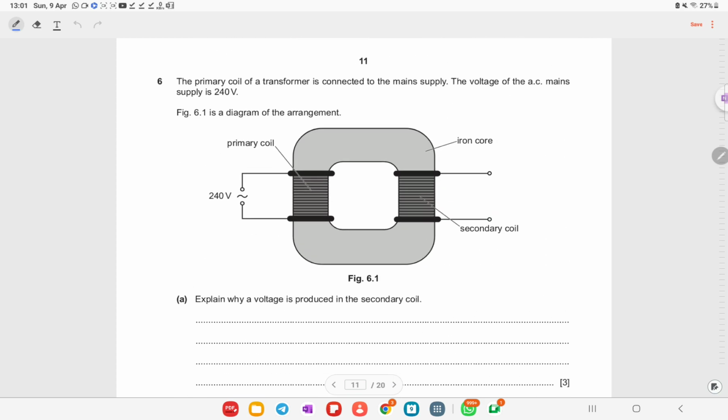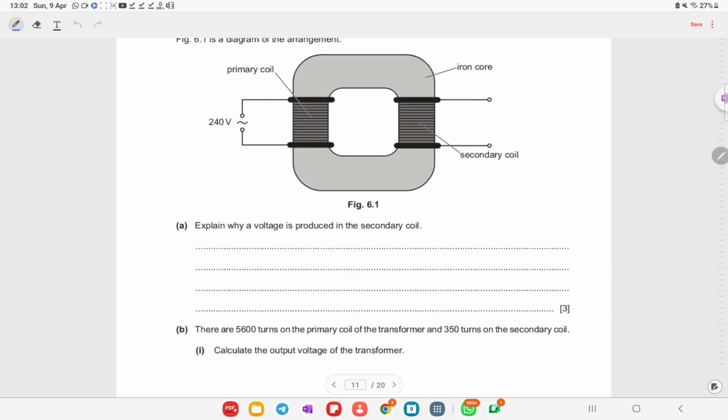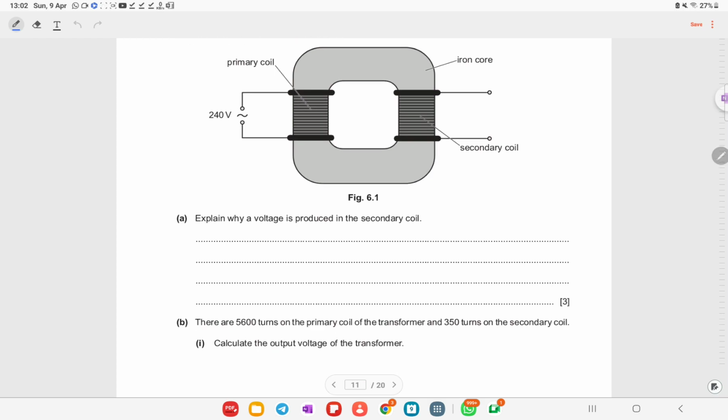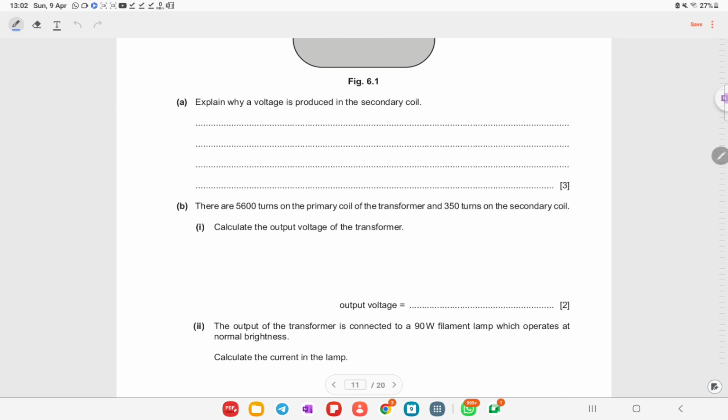Now this is another question. It states that the primary coil of a transformer is connected to a mains supply. The voltage of the AC mains supply is 240 volts. The figure shows this. Explain why a voltage is produced in the secondary coil. It's due to magnetic field, or magnetic flux, and specifically a change in magnetic field.